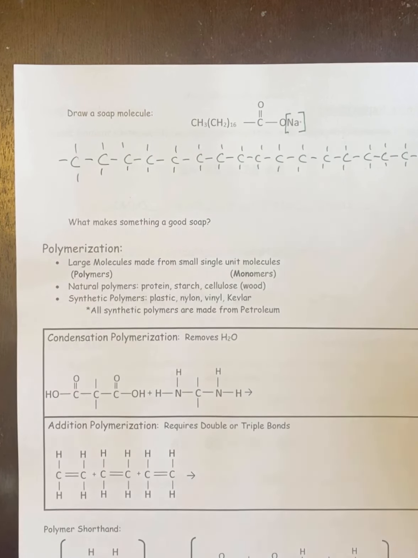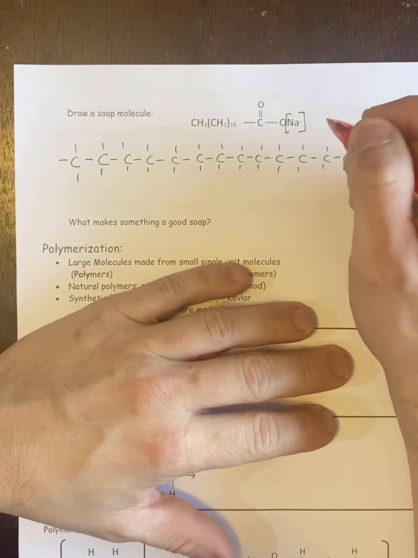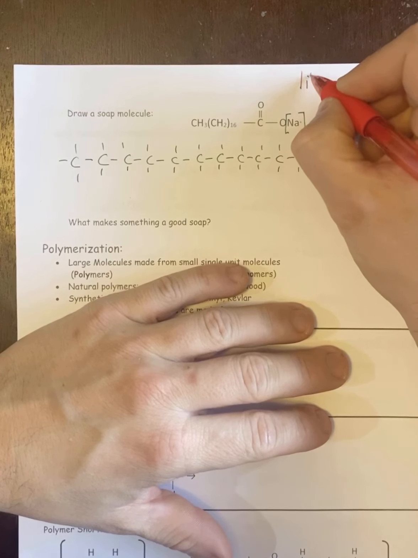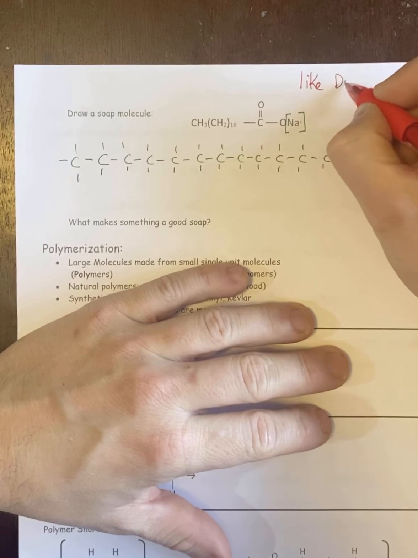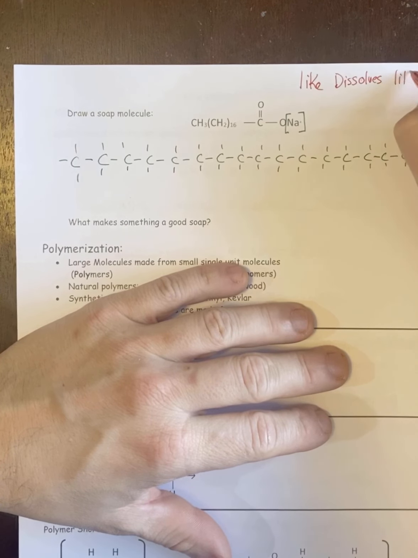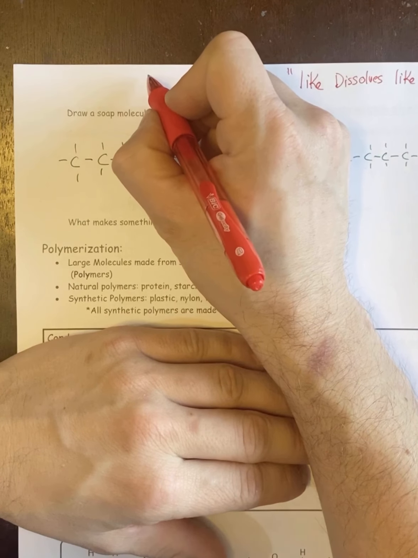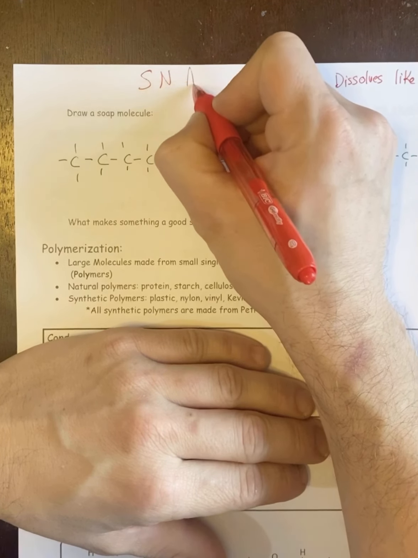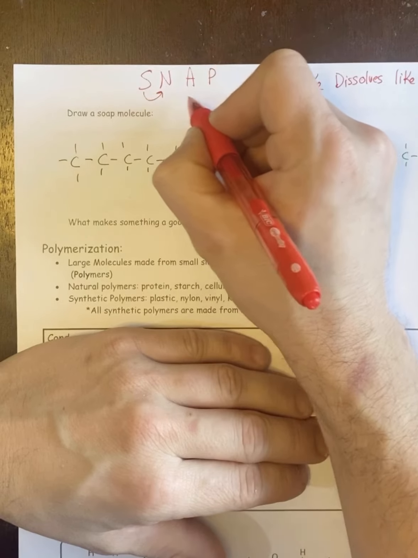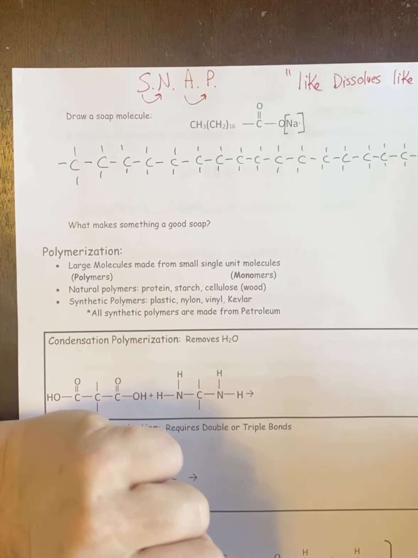Okay, and the reason the soap molecule is so gigantic is because of two things. There's a saying that we like to use, and you're going to learn more about this, but it's called like dissolves like. And it's used with the saying that you already know, SNAP: symmetrical, nonpolar, asymmetrical, polar.